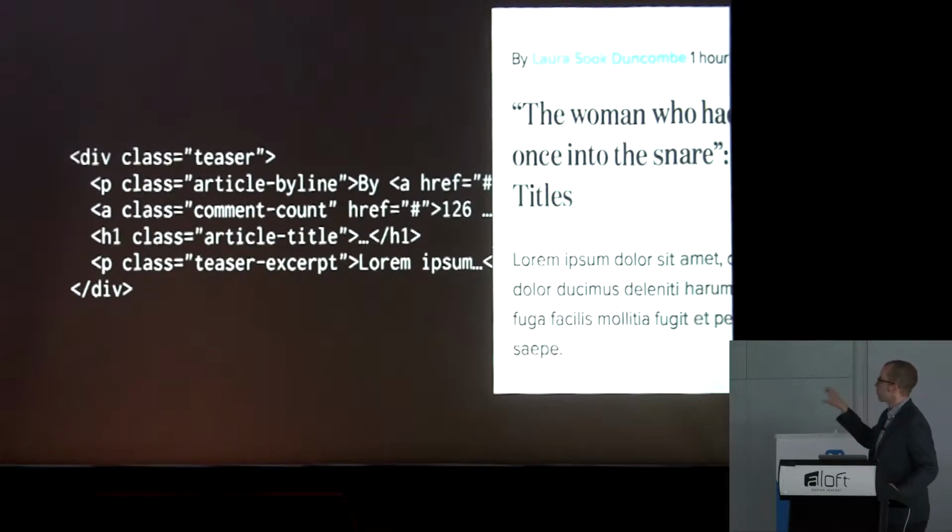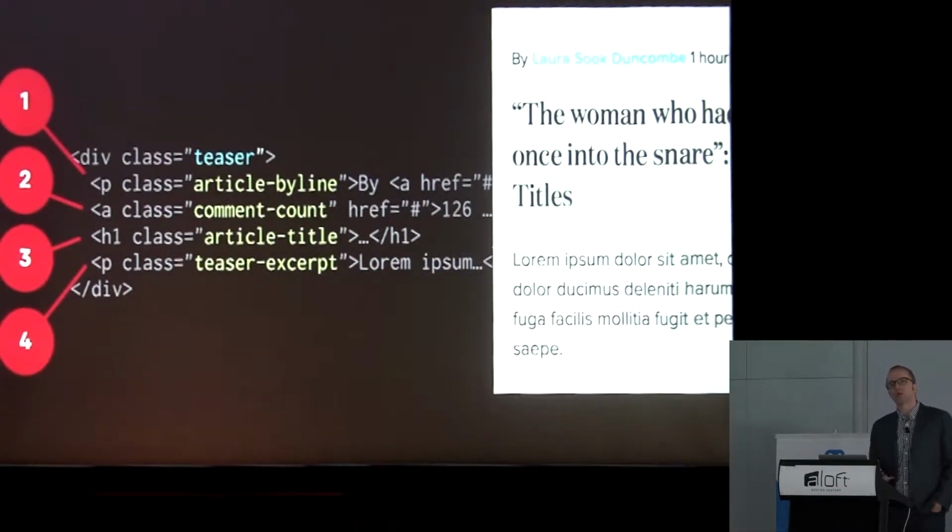So I would mirror that hierarchy in my markup for this particular pattern: starting with the byline and category, and then the comment count, and then the article title, and then finally the excerpt underneath it. This is one of those areas when I stopped and caught myself, and I realized this wasn't the best way to proceed.